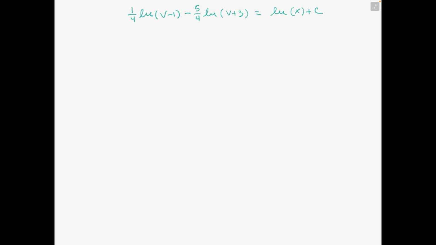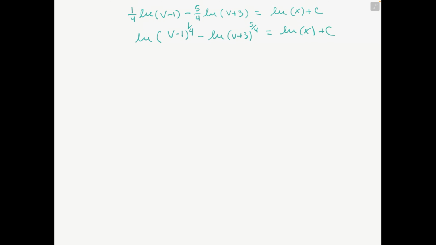All right, so we have to put these into their power, v minus 1 to the 1/4 minus ln v plus 3 to the 5/4 equals ln x plus c.